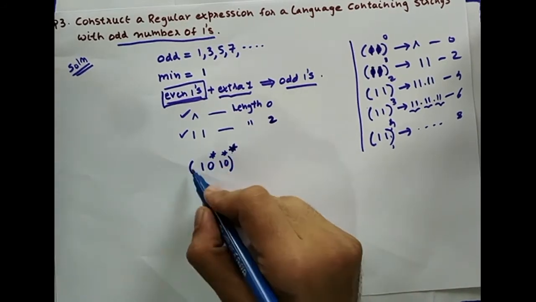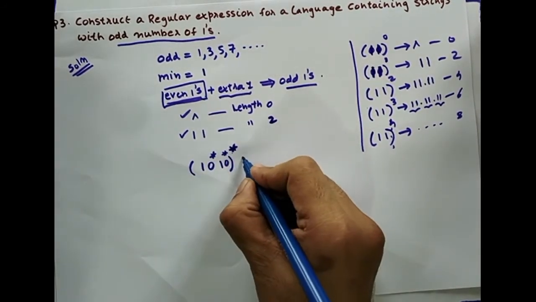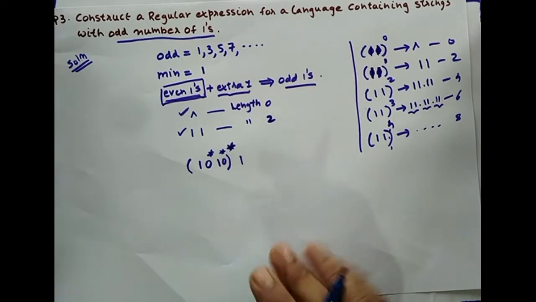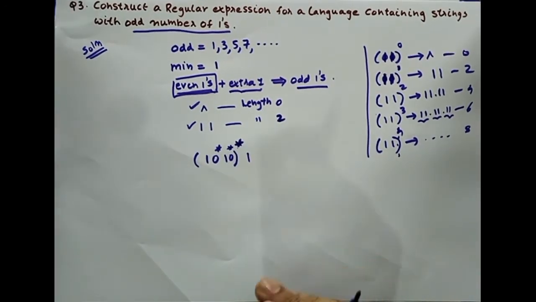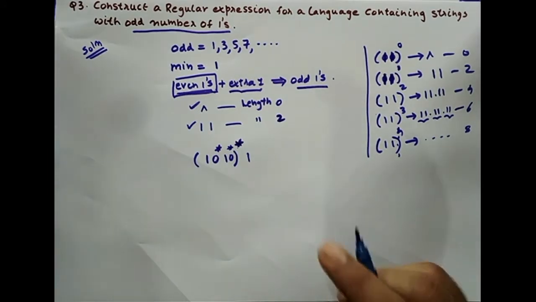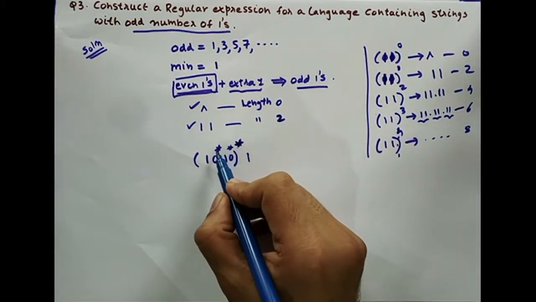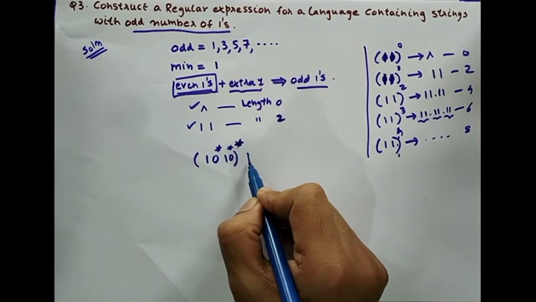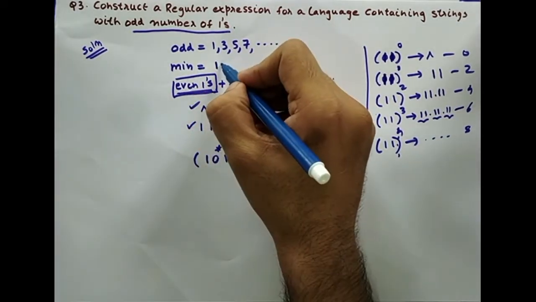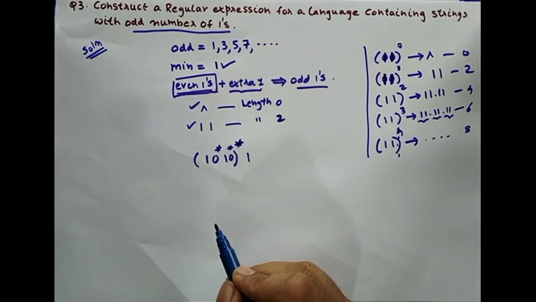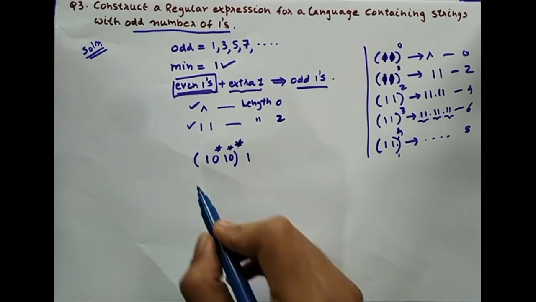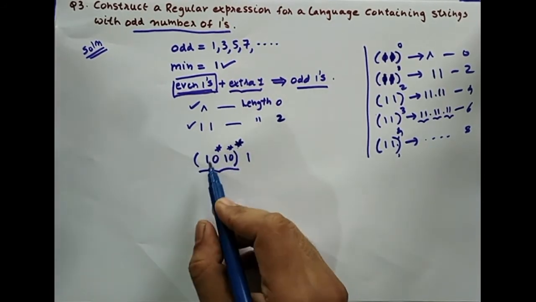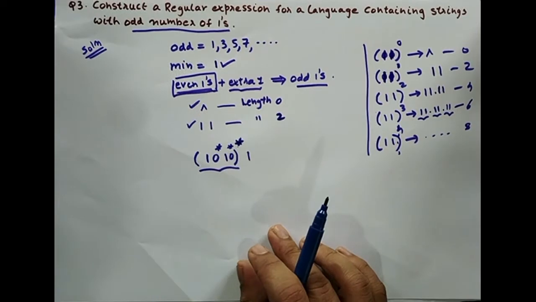So outside this sub expression, if I write one compulsory one, then what will happen? Even though this sub expression is repeated zero number of times, at least one single one you will get. So that satisfies our minimum string criteria, right?